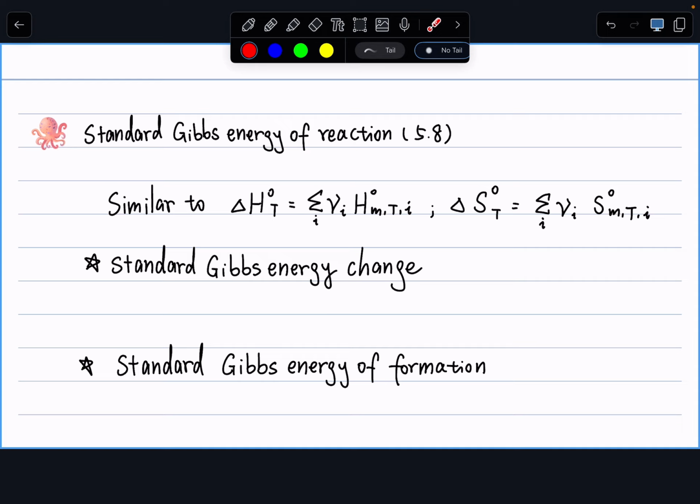And we also have the delta S of the reaction equal to the sum of stoichiometric coefficient times the molar entropy from the table. For the standard Gibbs energy change, we can do the same: delta G of the reaction at a certain temperature equals the sum of stoichiometric coefficient times the molar Gibbs free energy of each species.